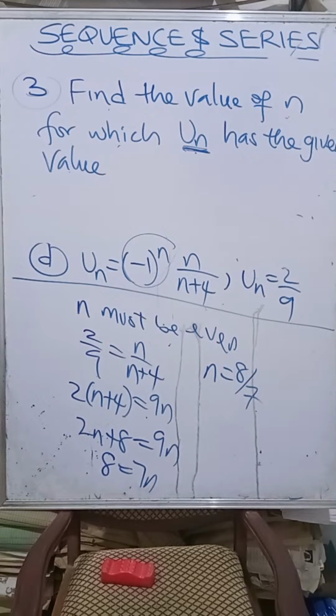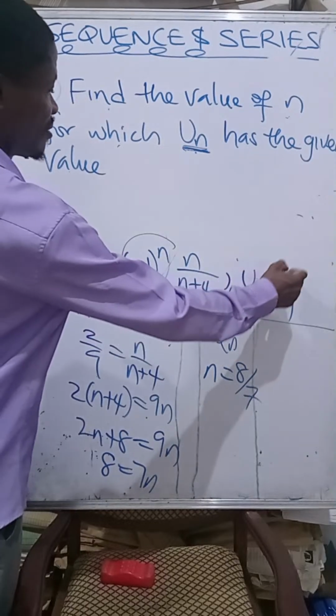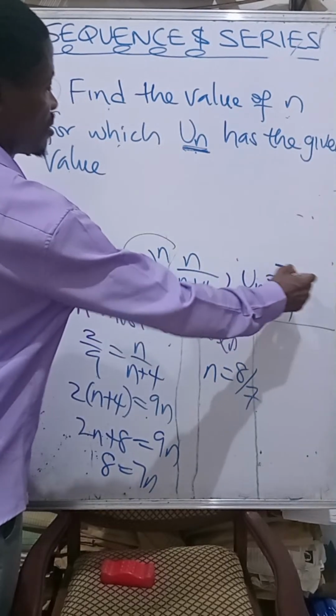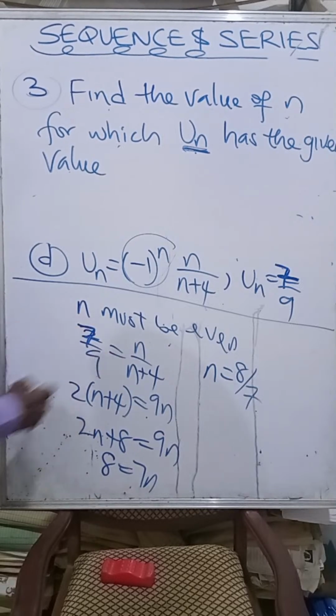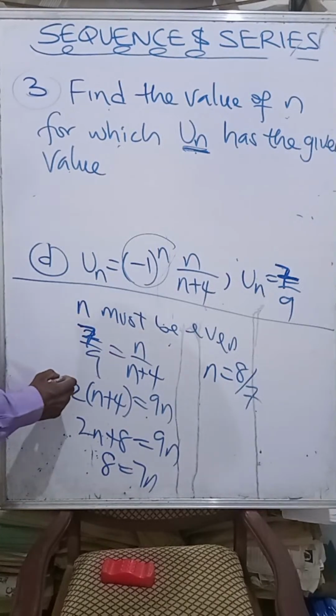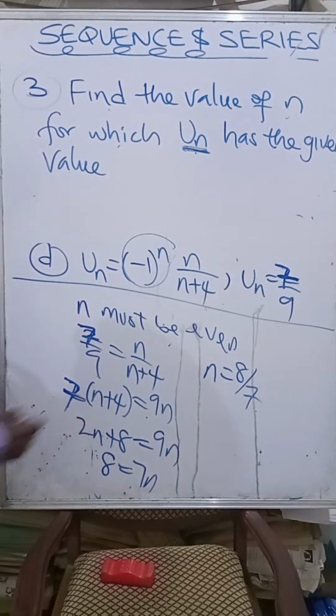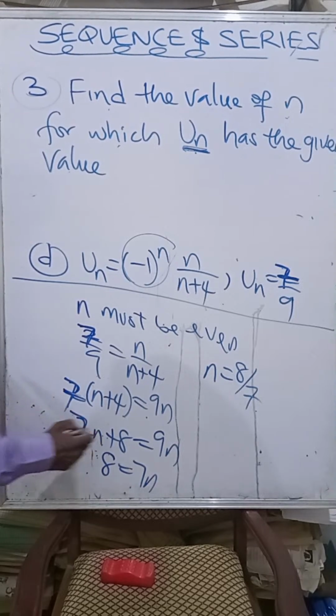But actually, what we have here is 7. So that will be 7n.